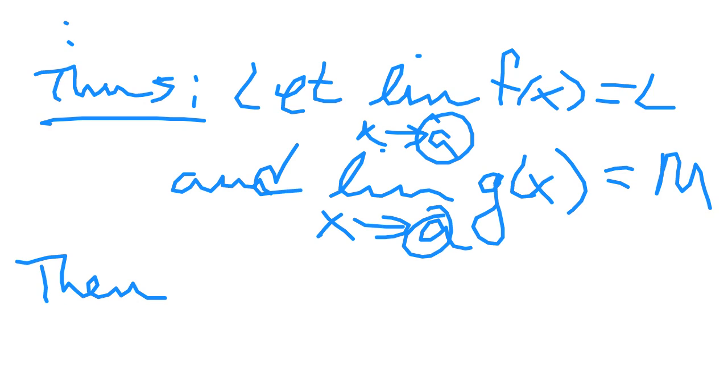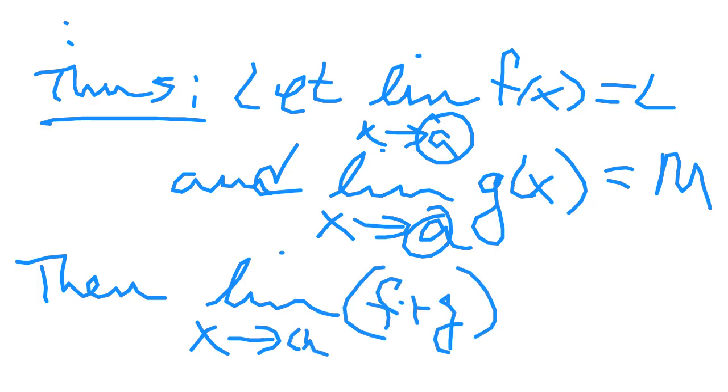Anyway, the limit as x approaches a of the sum of functions f plus g evaluated at x, what do you think that's going to be? L plus M. Yeah, because how can I rewrite this? And this is where I really would prefer to have different colors, which I don't see that I have.